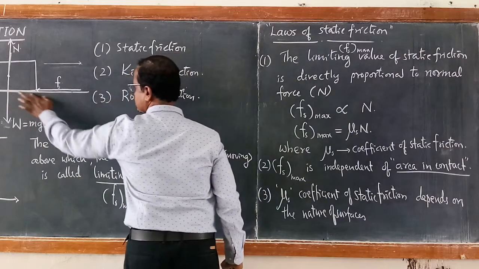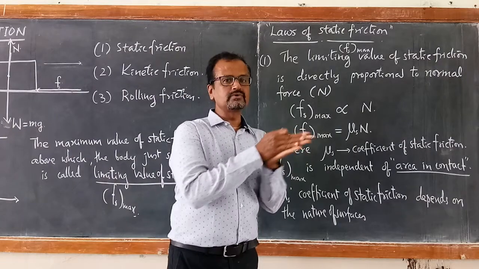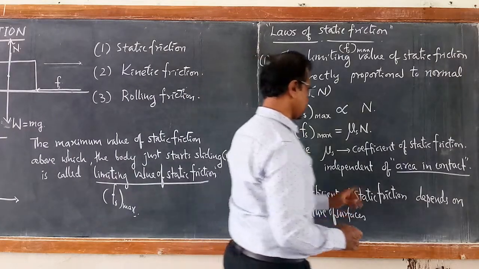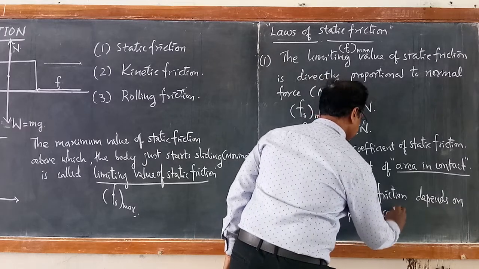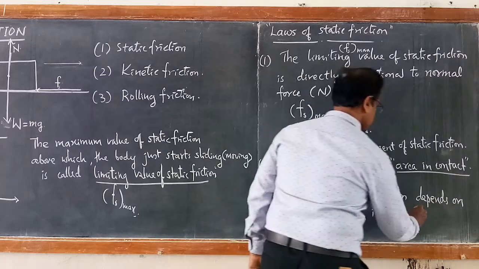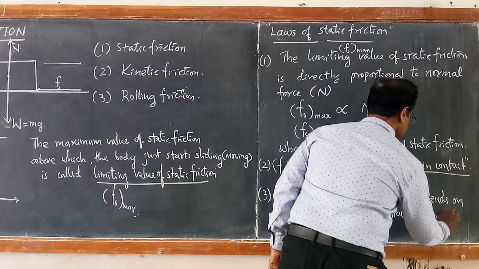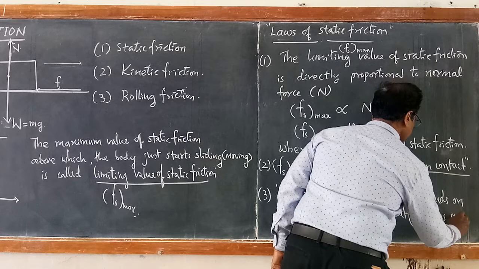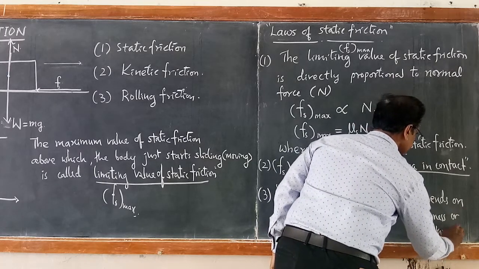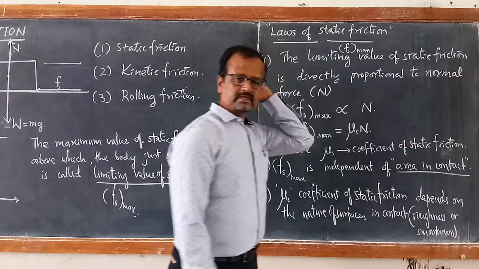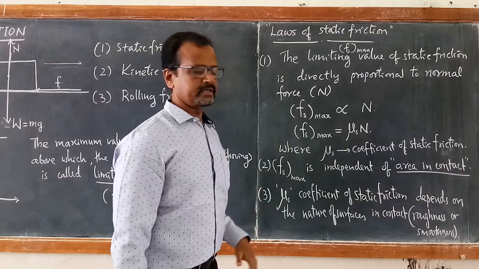You see, this is the table surface and this is the surface of the block. The coefficient of static friction depends on the nature of the surfaces in contact. Nature of surfaces means roughness or smoothness. So this is how we study the laws of static friction.